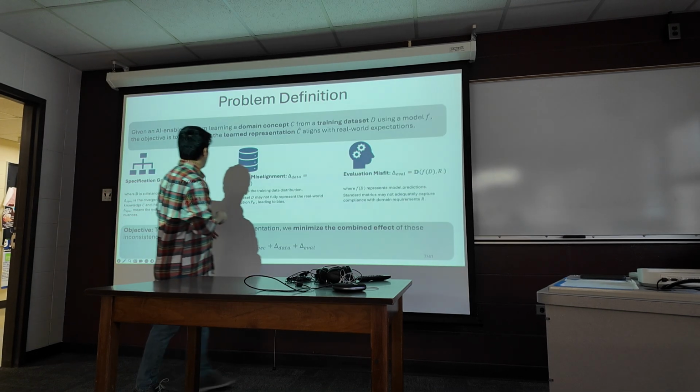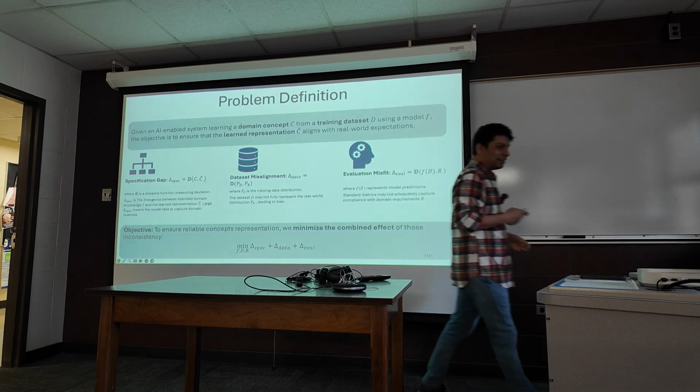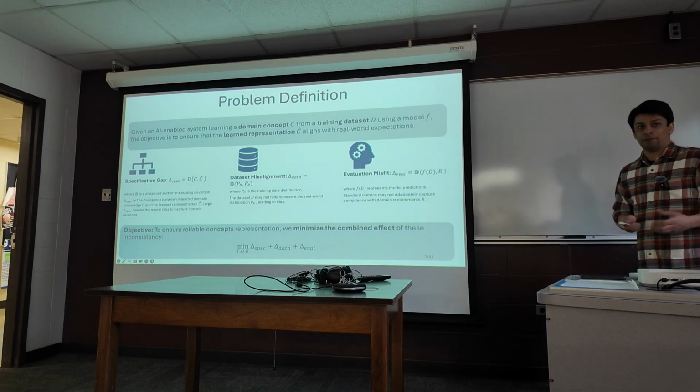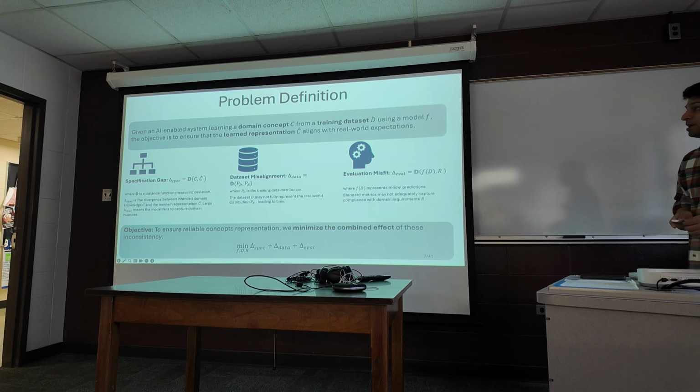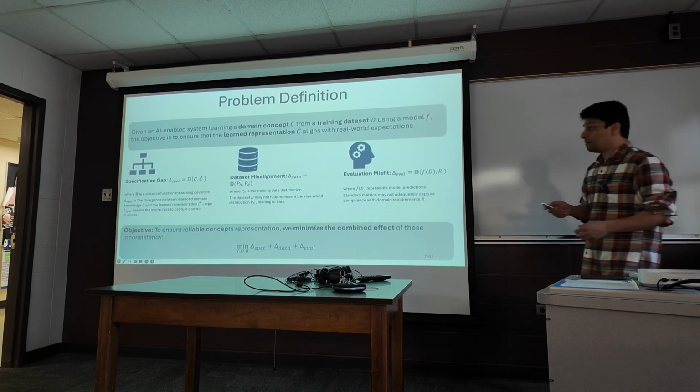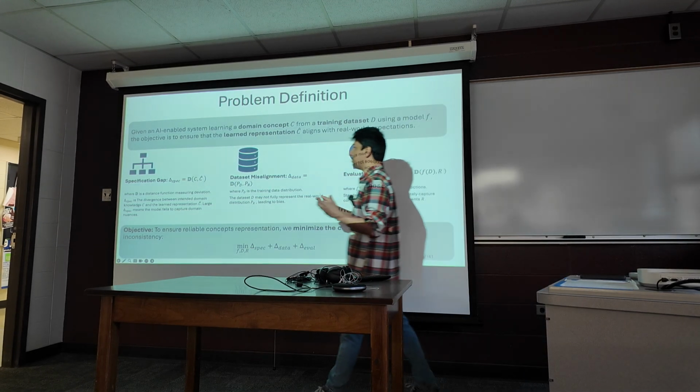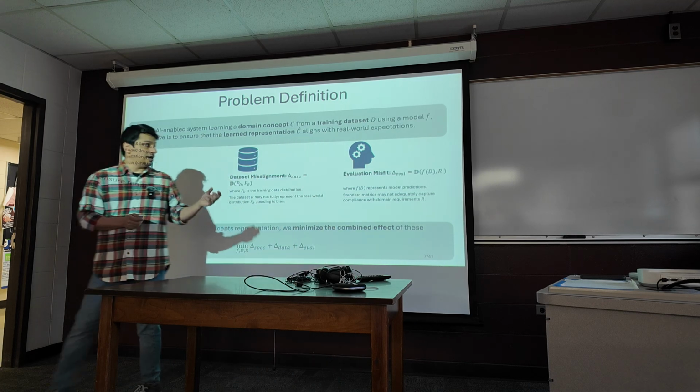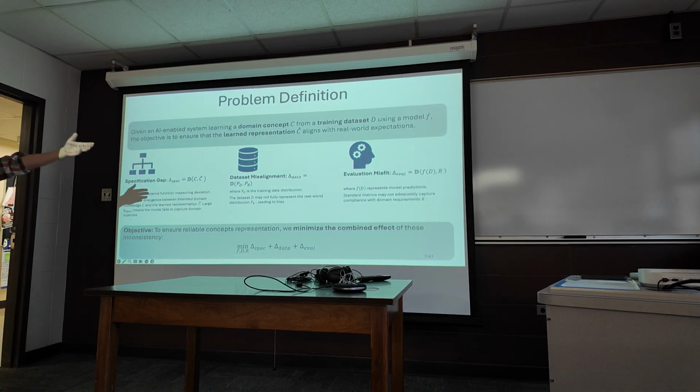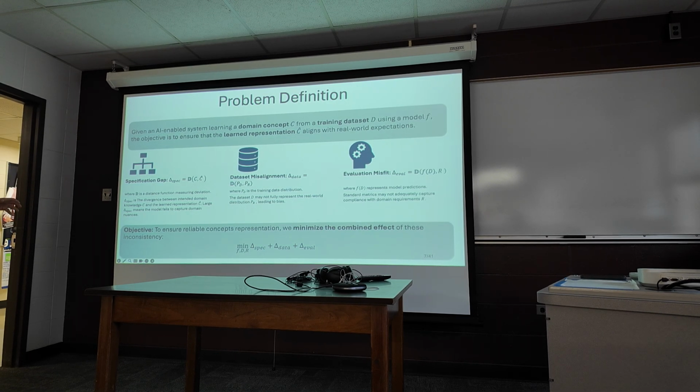So with talking about these challenges, now let's define a formal definition of our problem. Given an AI-enabled system learning a domain concept called C from the training dataset D using an AI model called F, the objective is to ensure that the learned representation C-hat is aligned with real-world expectation.